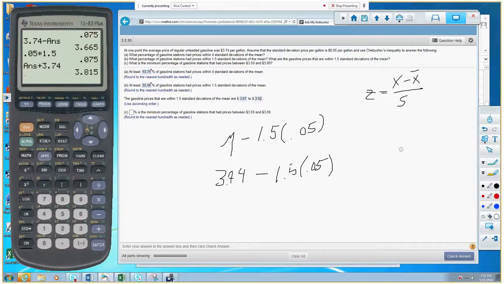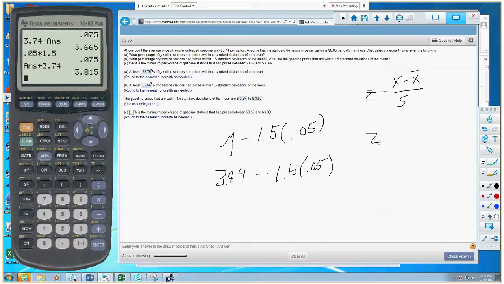So that's going to be 3.59. Oh, wait a minute. Oh, no, that's not what I'm thinking. I'm thinking of looking up a z-score. We're not doing that yet. Sorry. Well, you can, because you'll have a z-score, and then you can figure out what the z-score is, or the standard deviations.